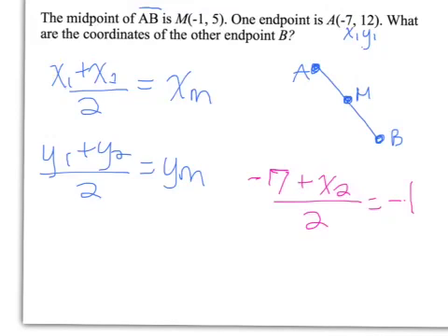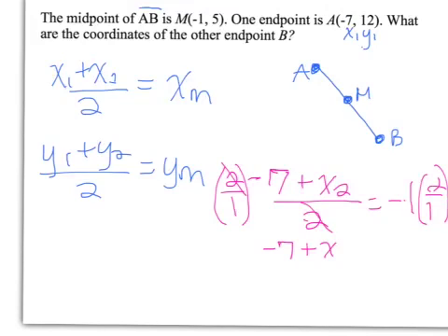So now we're just going to be solving for x2, so we multiply both sides by 2 over 1. That cancels here. We're left with negative 7 plus x2 equals negative 2. Add the 7 to both sides, and you get that x2, so the x-coordinate for B, is positive 5.